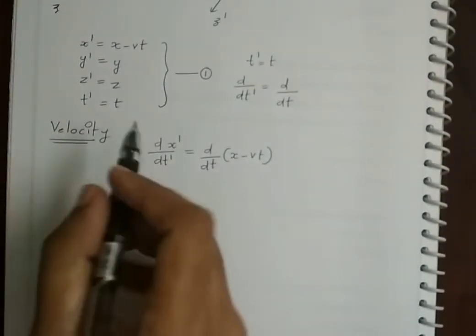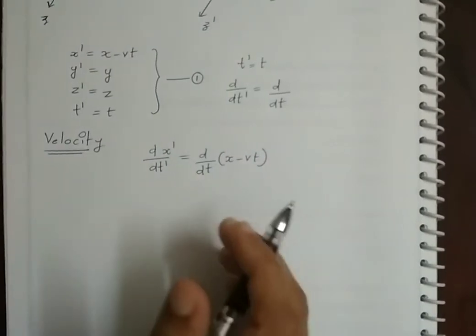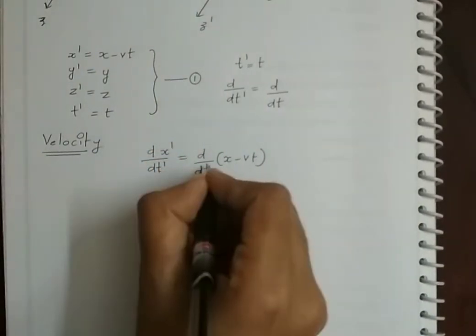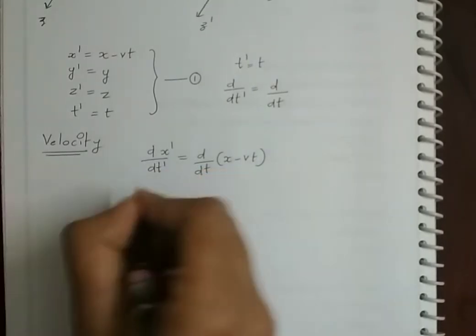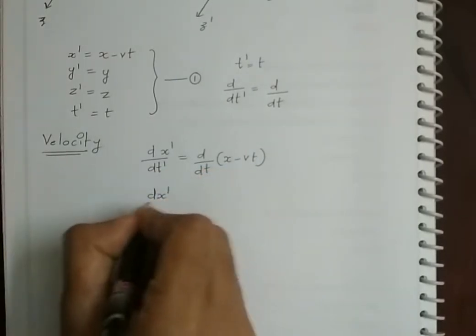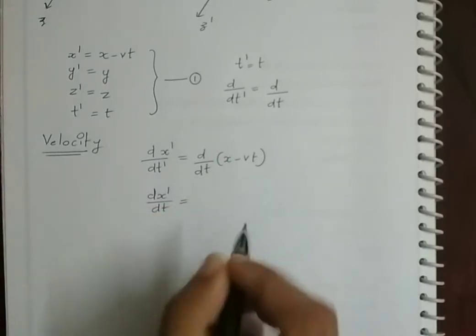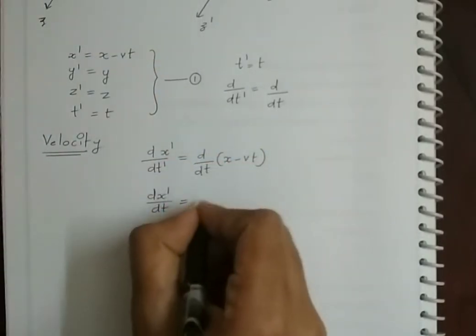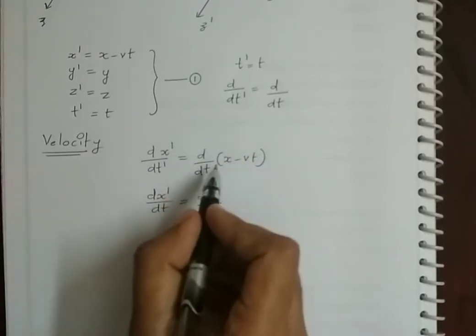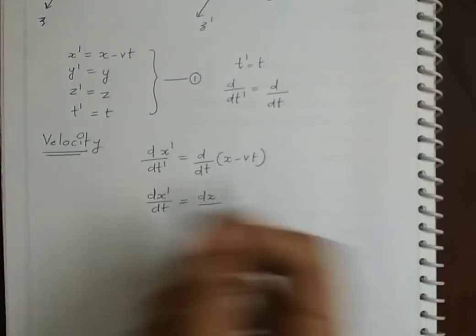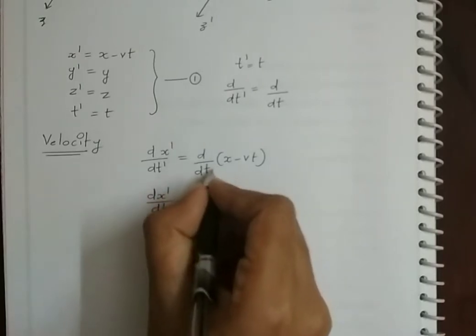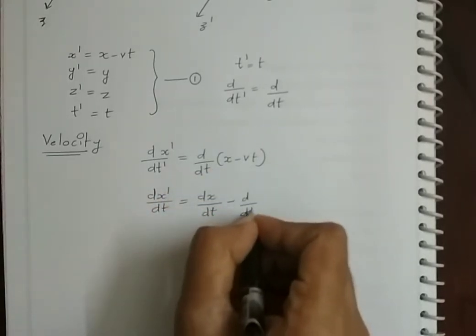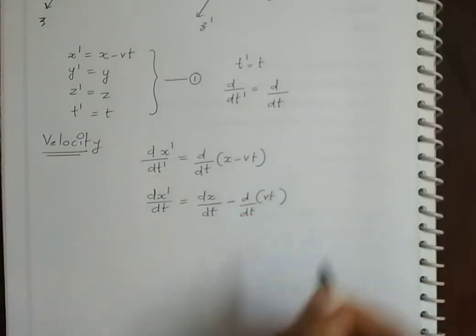Now, since dt prime is equal to dt, we can write this as dx prime divided by dt is equal to, taking the derivative of each term separately, d by dt of x minus d by dt of vt.